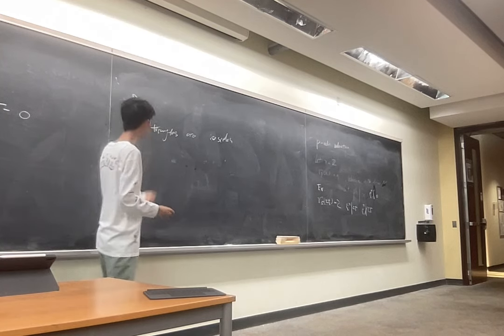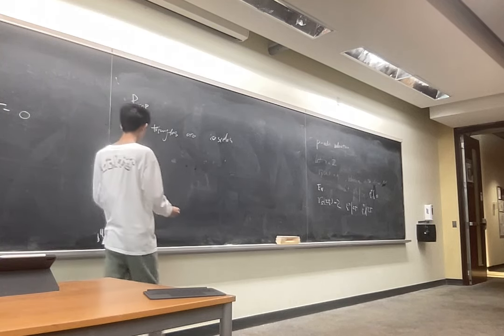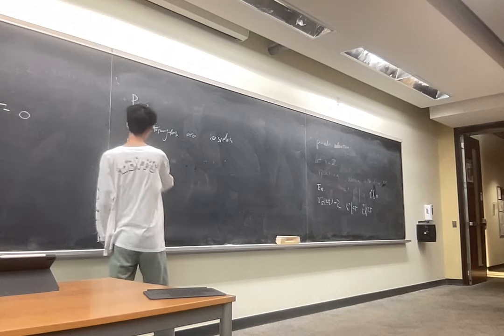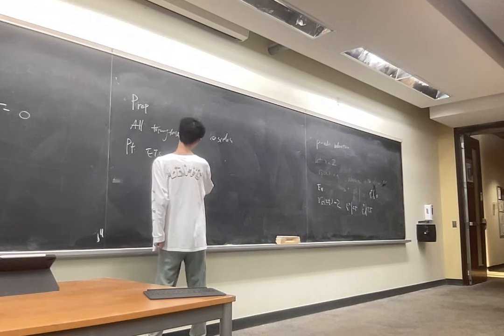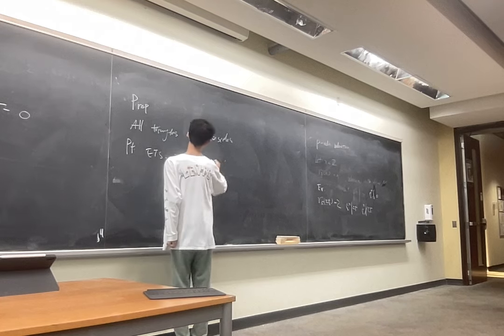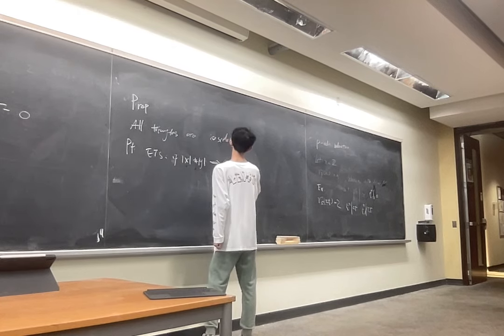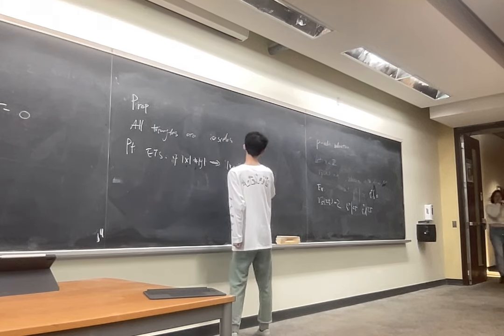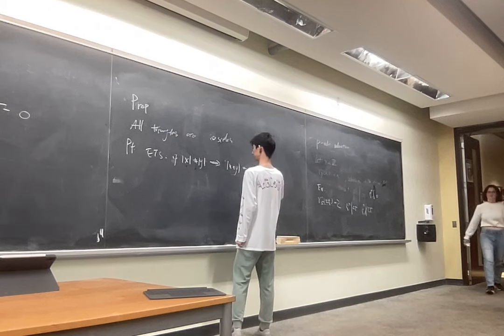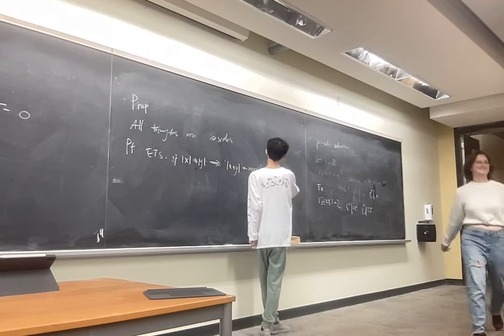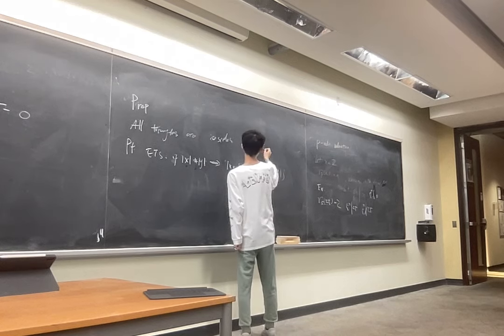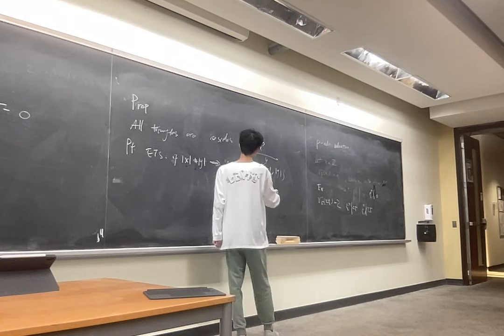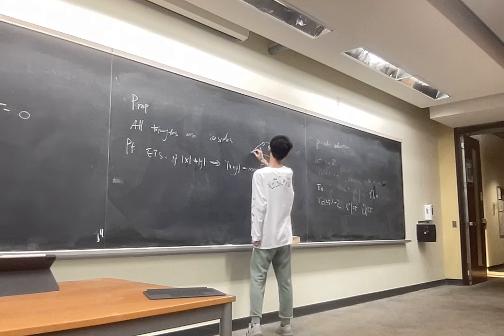To prove this, it is enough to show the following proposition: if |x| is not |y|, this implies |x plus y| equals the maximum of |x| and |y|. So why is this true? Suppose you have a triangle with x, and you have another y, and x plus y would be this side, right? This is the x plus y.